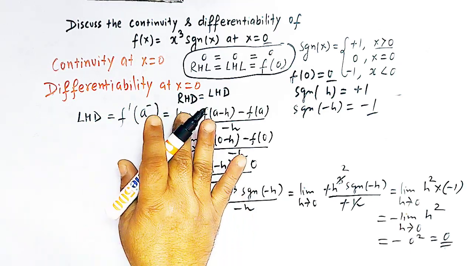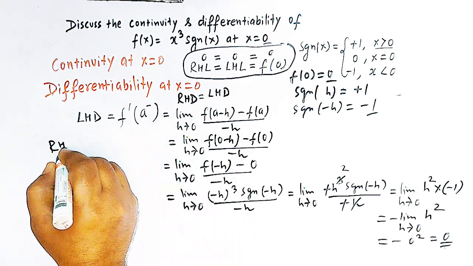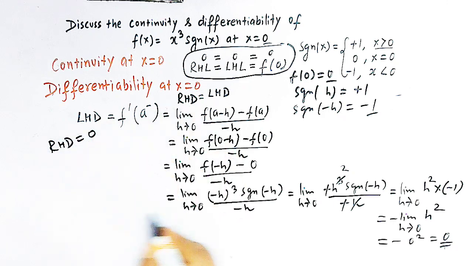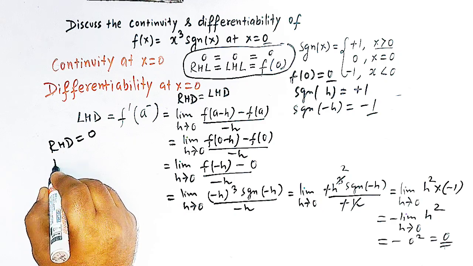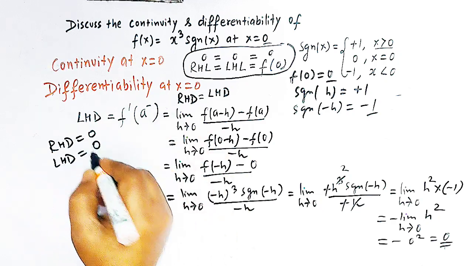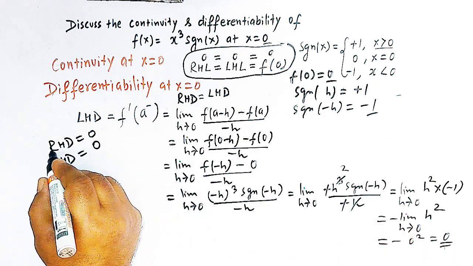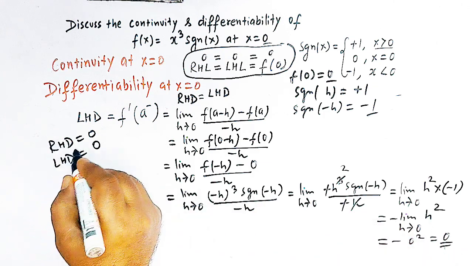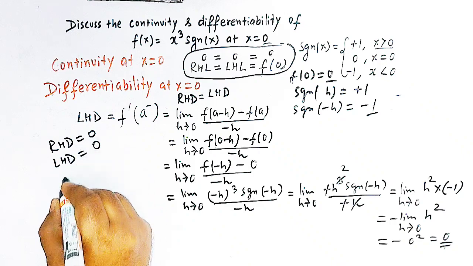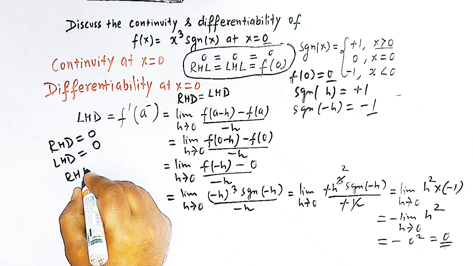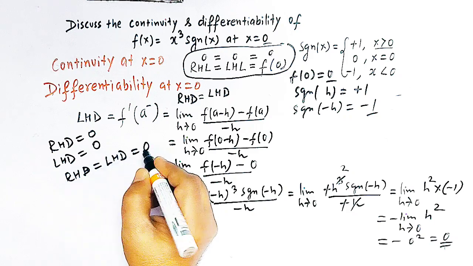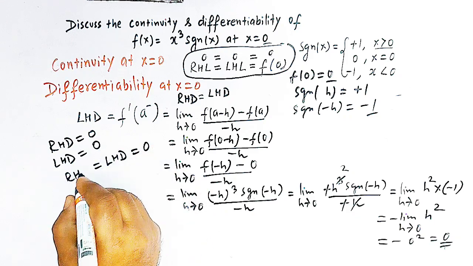So now we see that the right hand derivative exists and it is finite and it is equal to 0, and the left hand derivative is also finite, it exists and it is equal to 0. So both the derivatives are finite and they are equal to each other. That is, right hand derivative is equal to the left hand derivative and it is equal to 0, right?